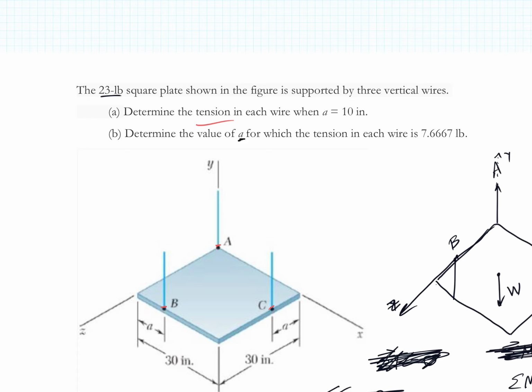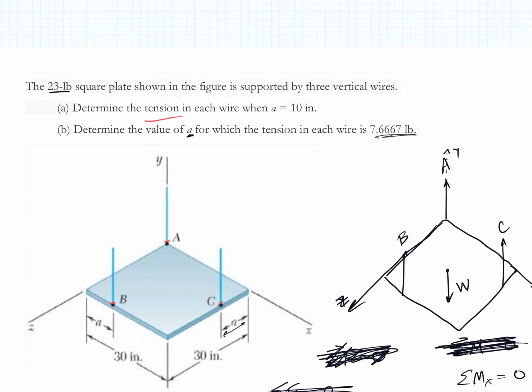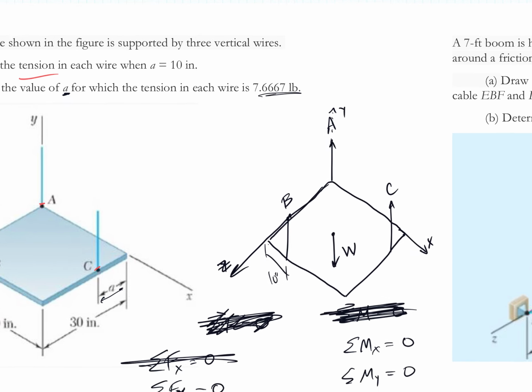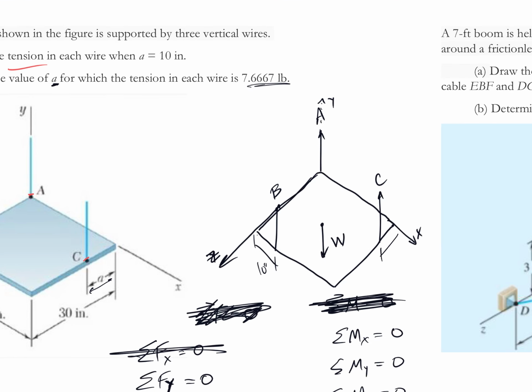Determine the value for A, so if we adjust where these cables are, we can figure out where we have the same tension in all three. But for the first part, we're going to assume that this distance right here is 10 inches.